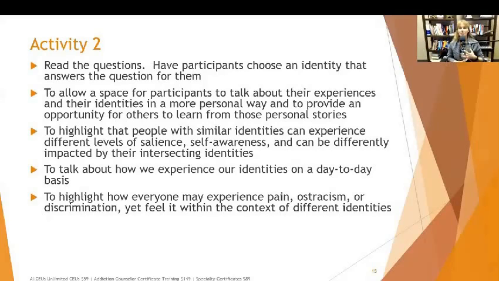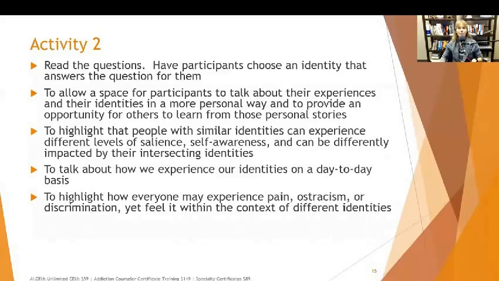The aim is to allow a space for participants to talk about their experiences and their identities in a more personal way and provide an opportunity for others to learn from their personal stories. So this is why you have different stations. Because if all the people who say the identity of mine that I most notice every day is that I'm female, or that I most notice is my gender, okay, everybody who's in that station can talk about why that's what they notice as being most salient each day.